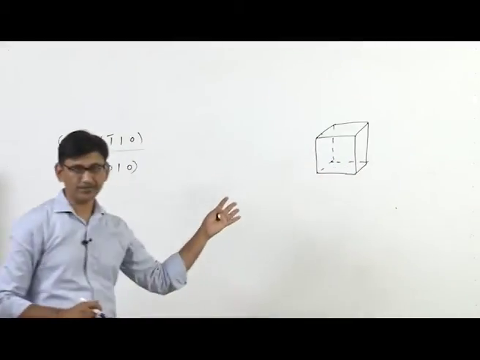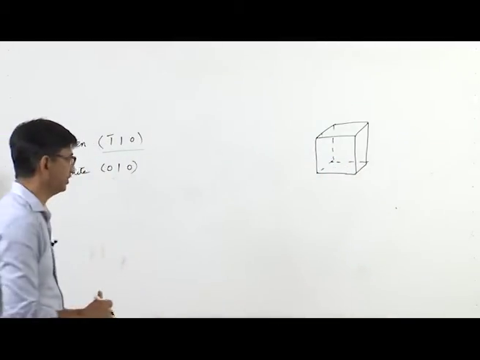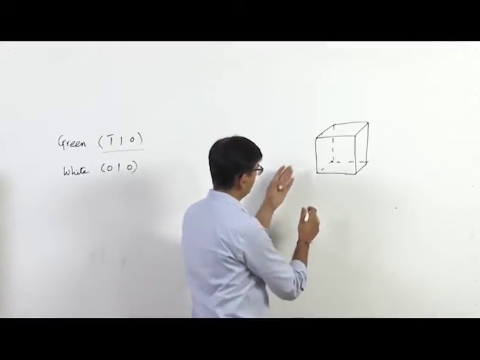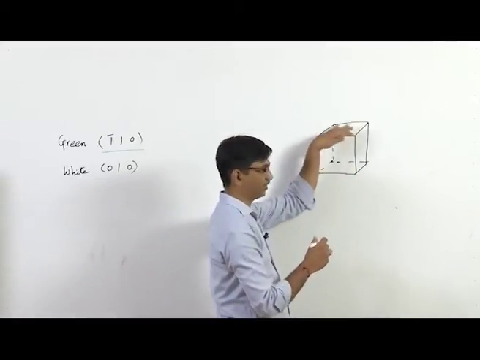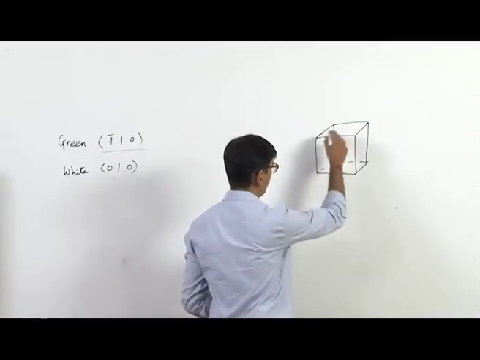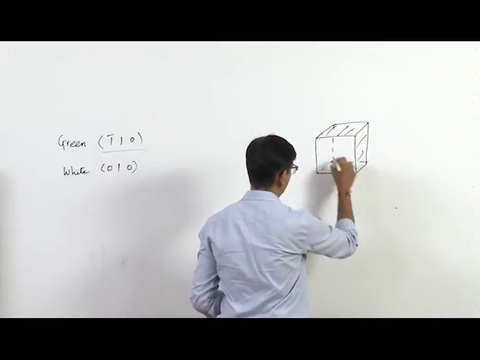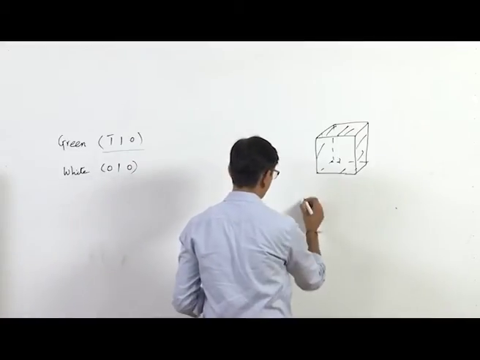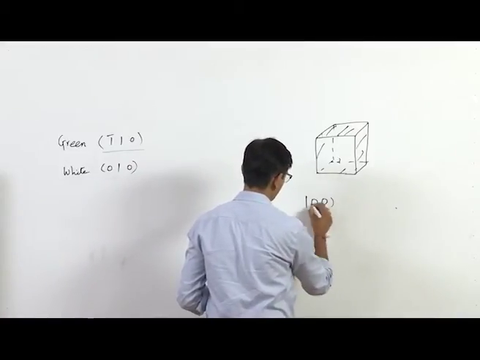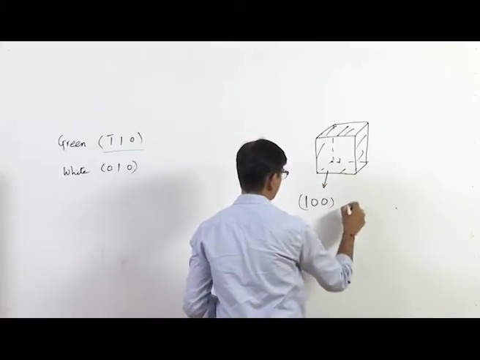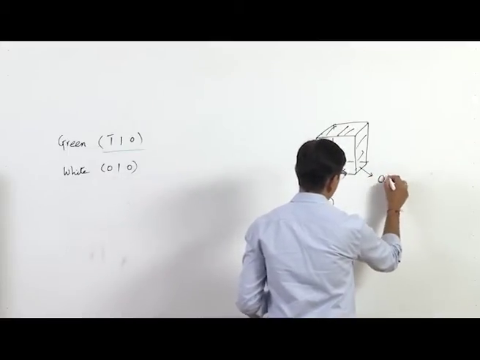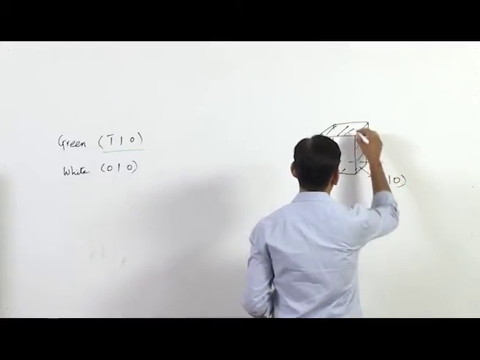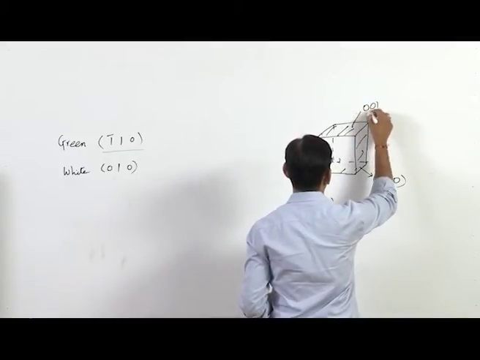So, this was also a prism, a square prism, and these are the prismatic planes in this case also, and for all these planes, this one, this one, this one, the indexing was looking very similar. And for this one it was 1 0 0, this is 1 0 0, this is 0 1 0, and this is 0 0 1.